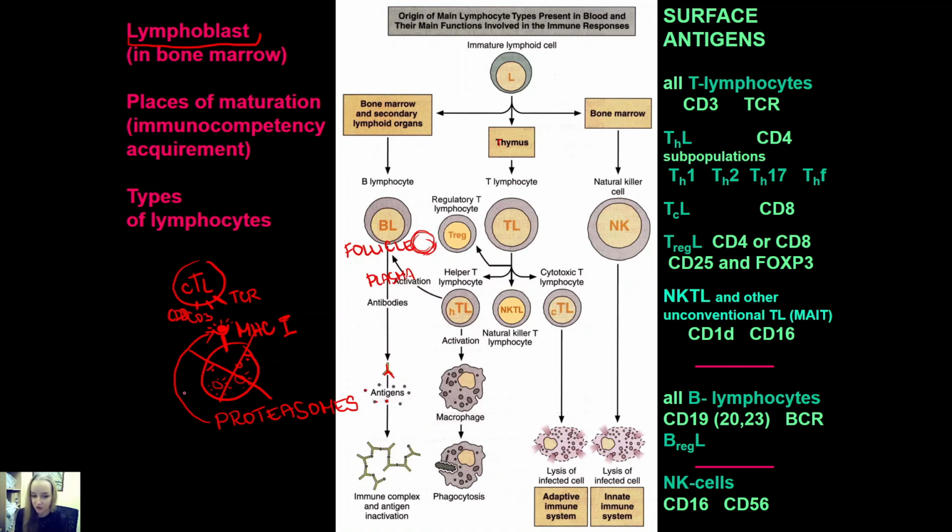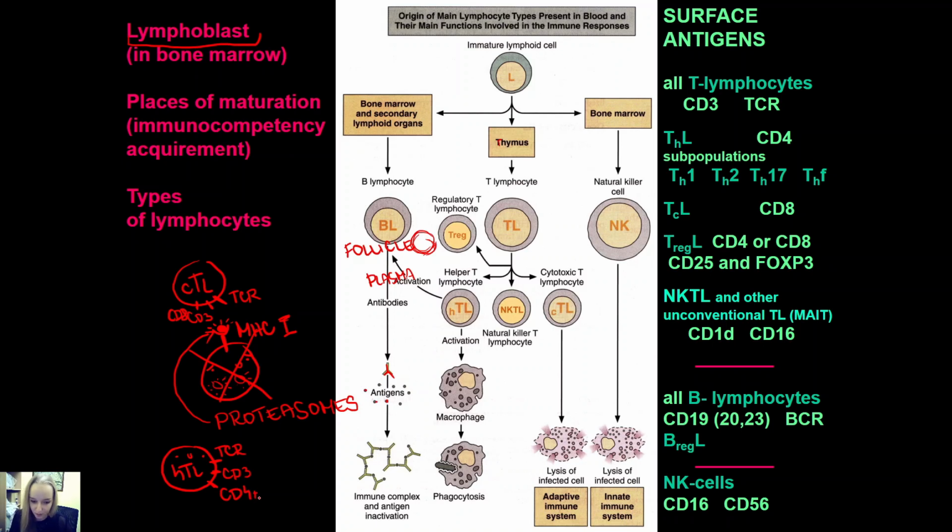On the other hand, we have the helper T lymphocyte, which is only helping, not destroying anything. It's only helping in a reaction. It also contains the TCR, T cell receptor, and CD3, because all T lymphocytes have CD3, but this time CD4.